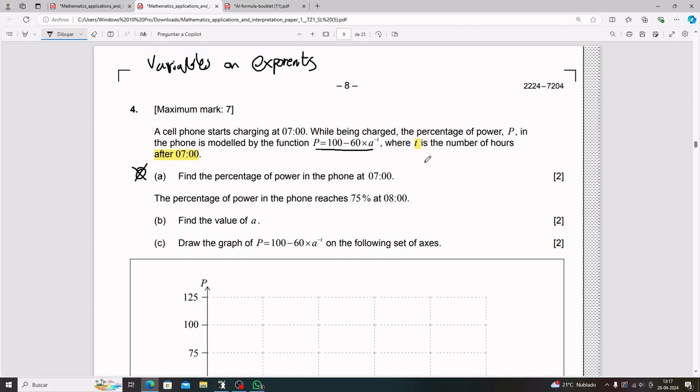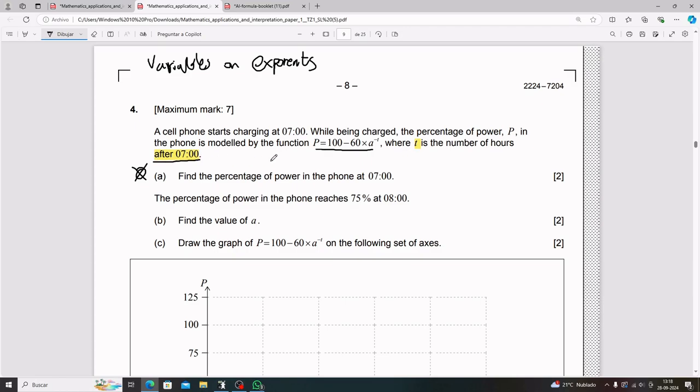The approach of these exercises, in my opinion, is pretty much always the same. Part A tends to be: what's the initial amount, what's the initial power? Here's the main idea. The variable T is the number of hours after 7.